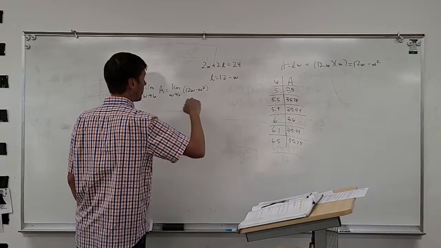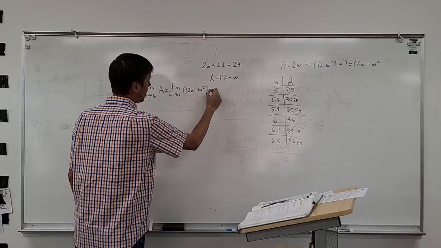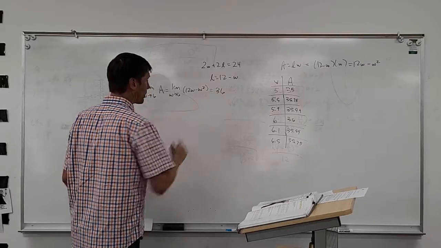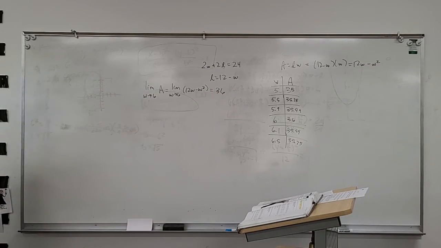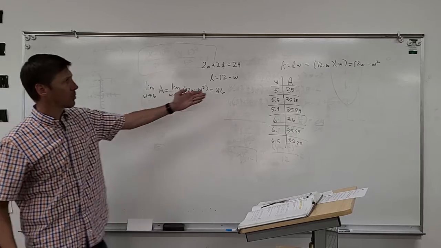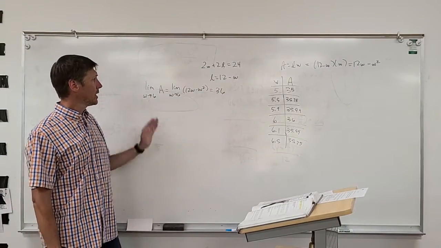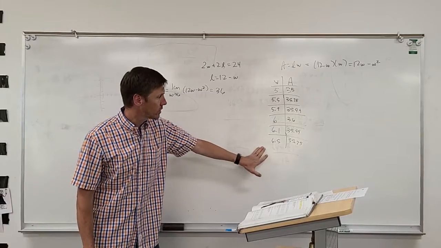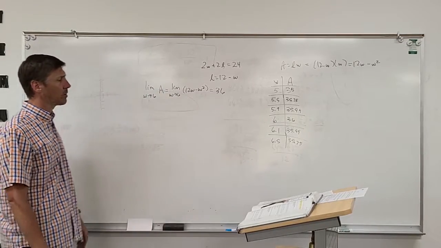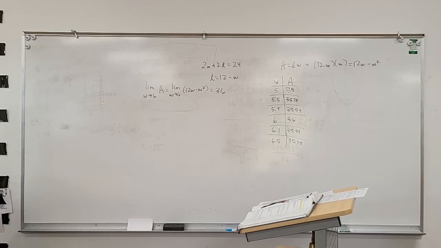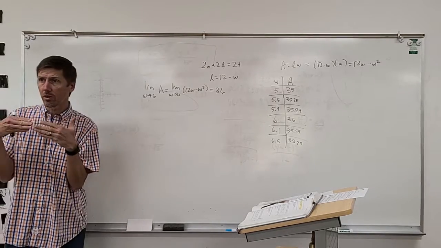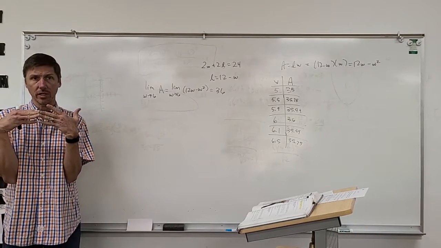That's just what I wrote over there for the formula for the area. It's going to equal 36. As we approach 6 from numbers that are less than 6, it's approaching 36. As we approach 6 from numbers that are bigger than 6, all of them seem to converge on this point, which is an area of 36. Do you guys see that?